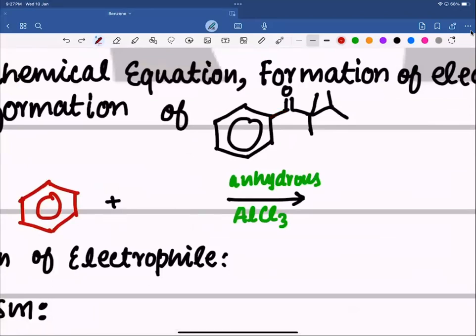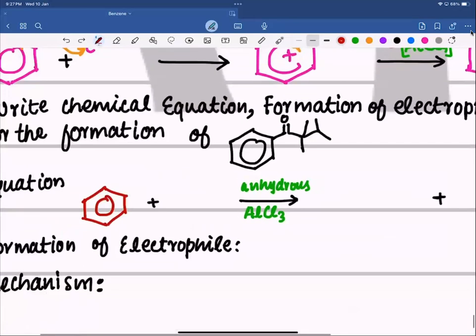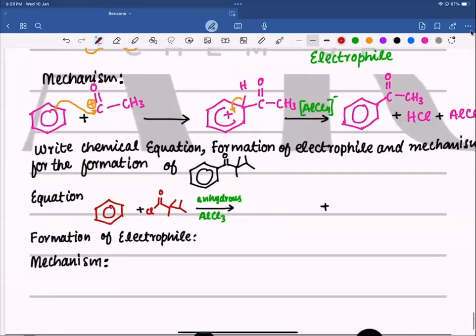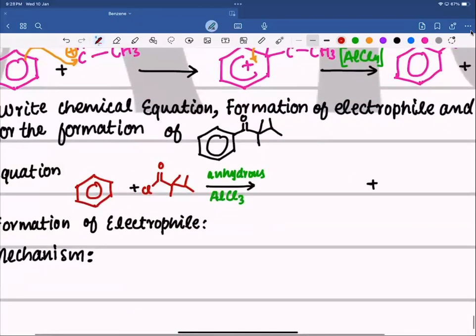So it means when I make the reactant, I will make the reactant in a similar way. Just put a Cl over here, that's it. From where it is bonded to benzene, at that place I need to put a Cl.